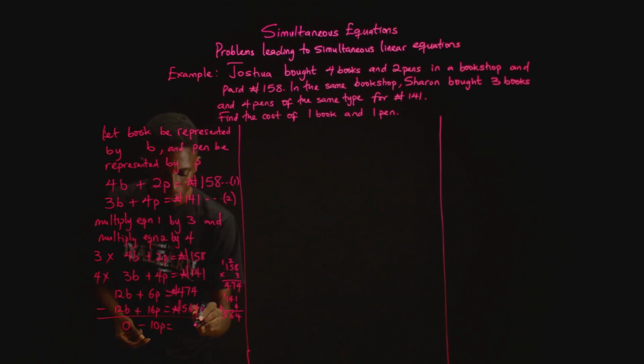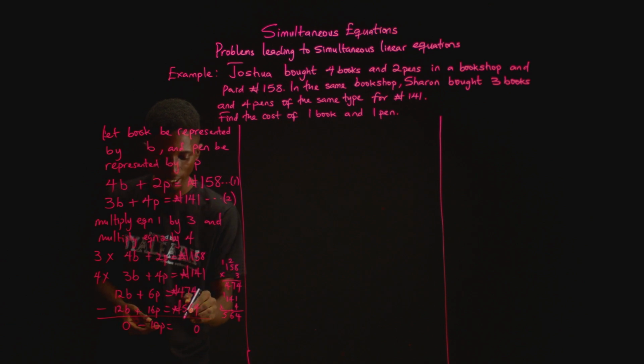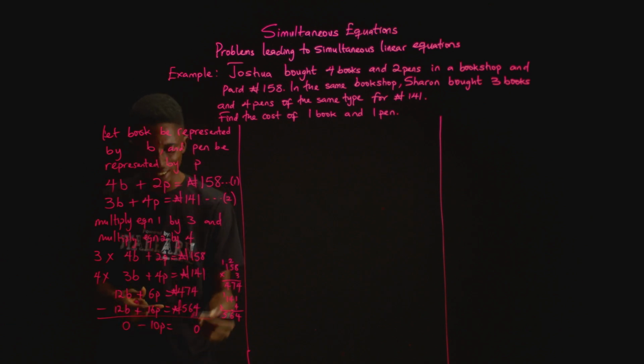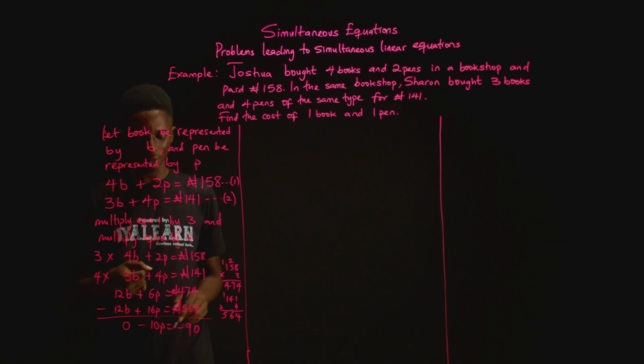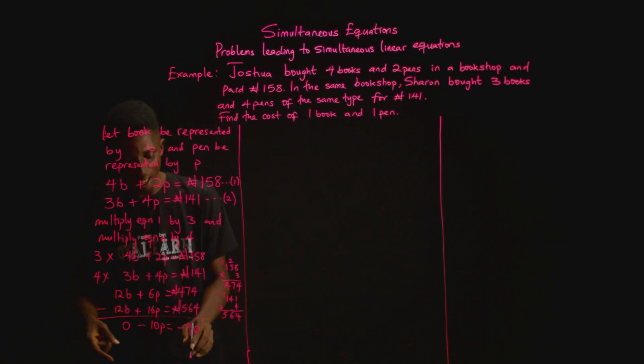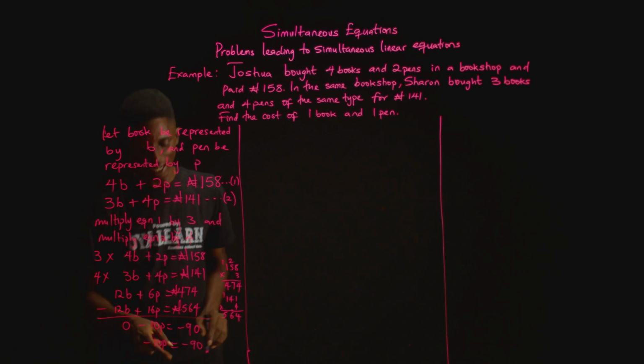We would have 0. And then here we have 6 minus 7, and that is impossible, so we borrow 1 here. And that becomes 16. 16 minus 7, and we have 9. So negative 90. Therefore, we can now say minus 10P equals minus 90.